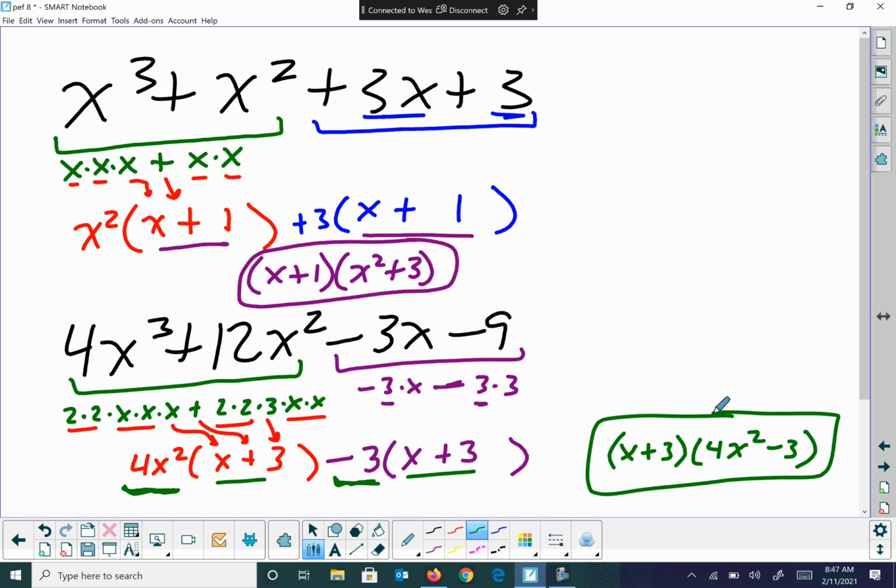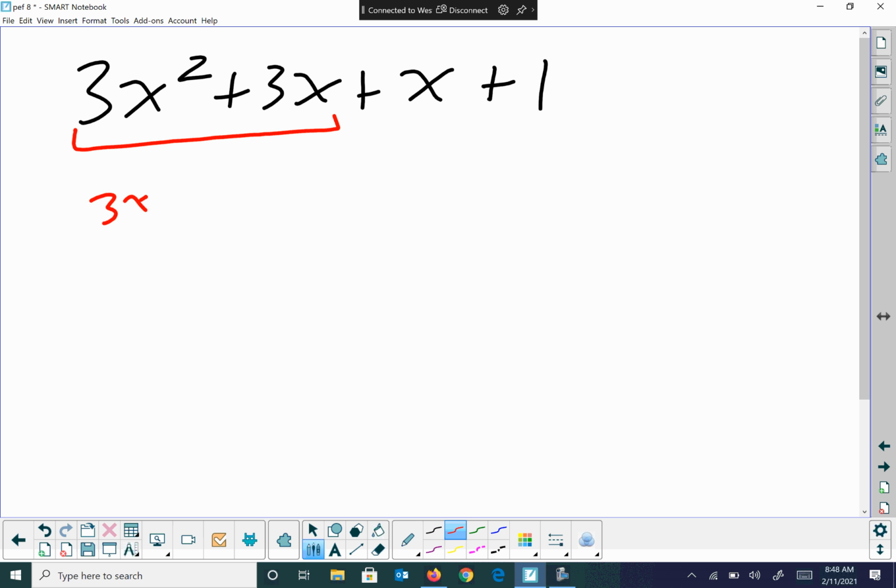We had said if we have 4 terms, we're going to look at our first 2 terms first. Friends, what does it look like that what I underlined has in common? 3 and an x? Agree? So if I factor a 3x out of 3x squared, what's left? x, and because 3x completely factored out, I have to have a placeholder.